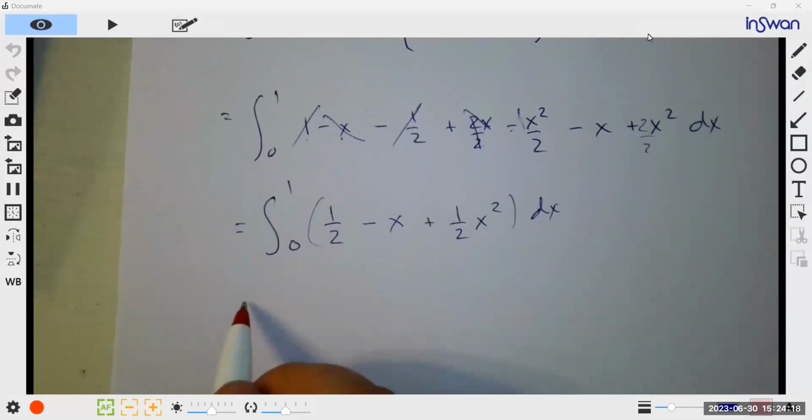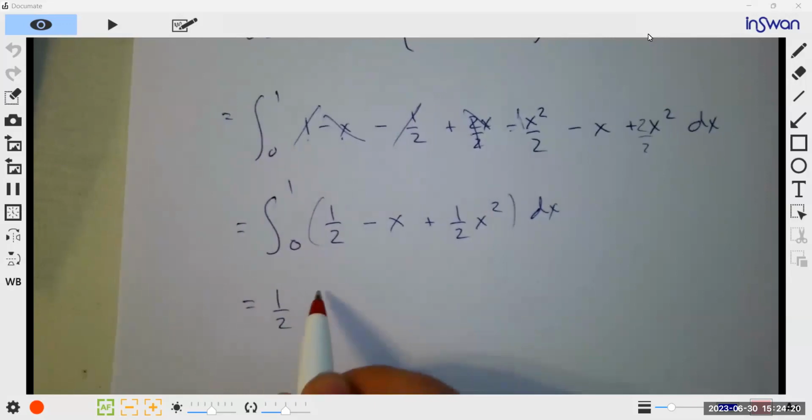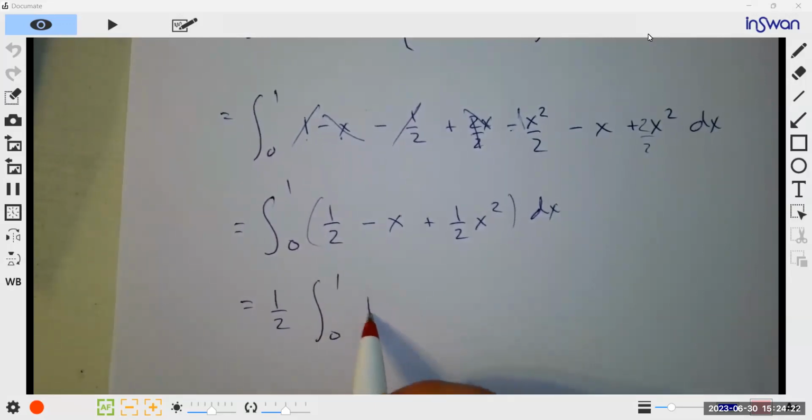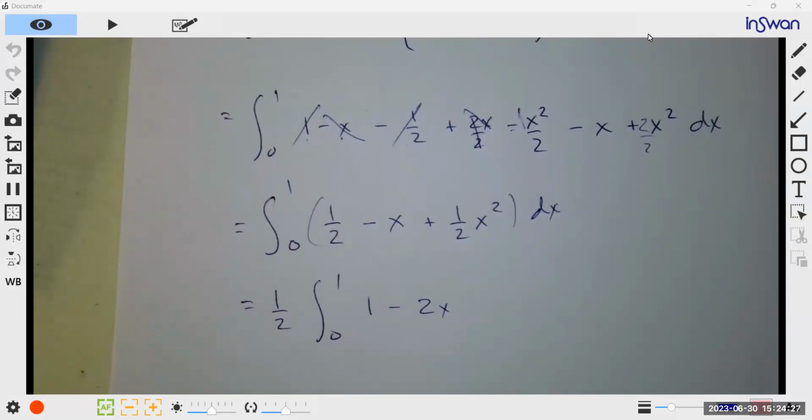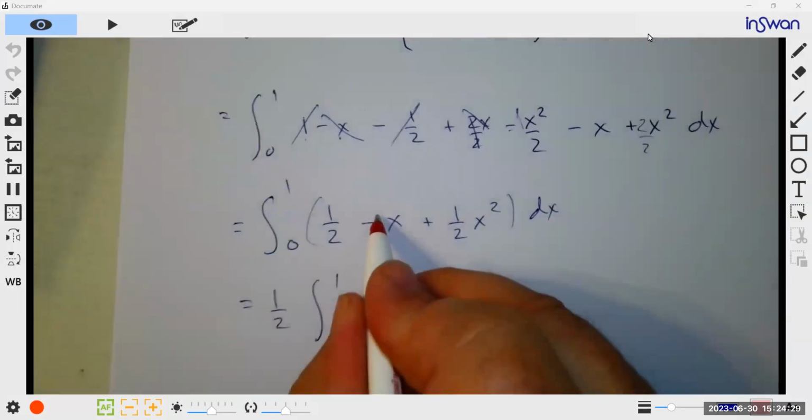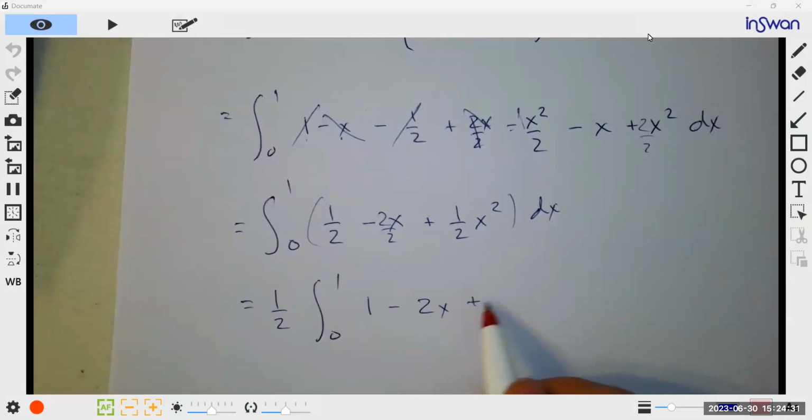Now we factor out the 1/2. We have 1, 2x, because we have to make it 2 over 2, plus x squared.